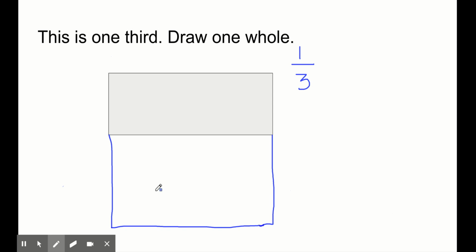Now I only have two parts. Now I have three parts. 1, 2, 3. Do you see how I made it one whole? I made more parts so that it's 3/3 or one whole.